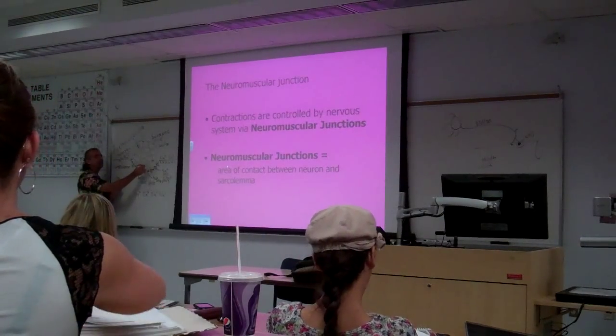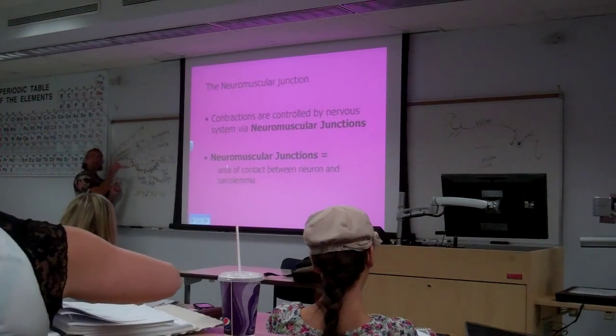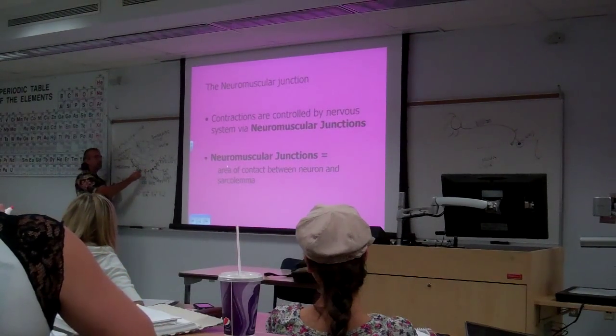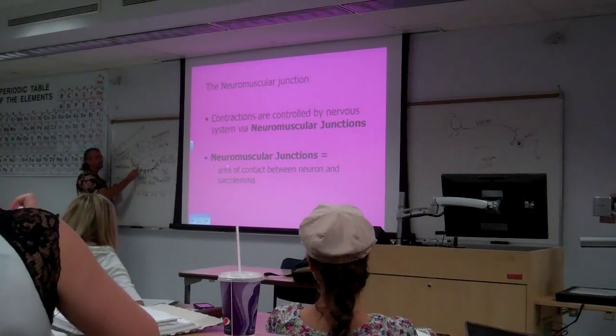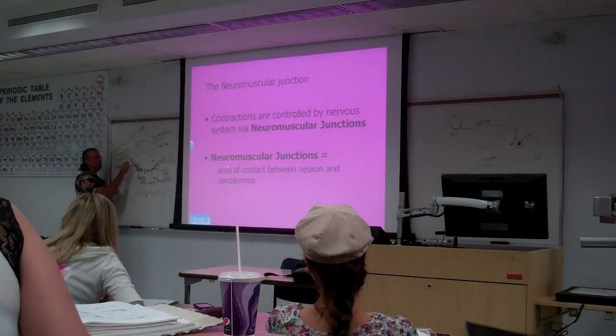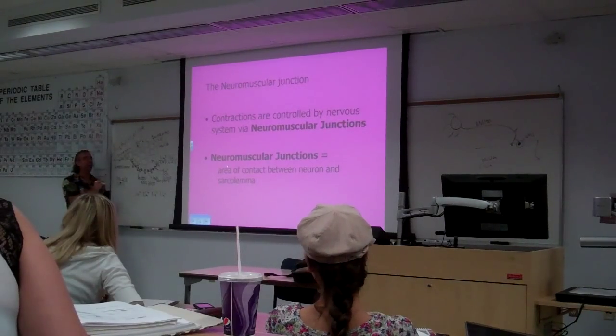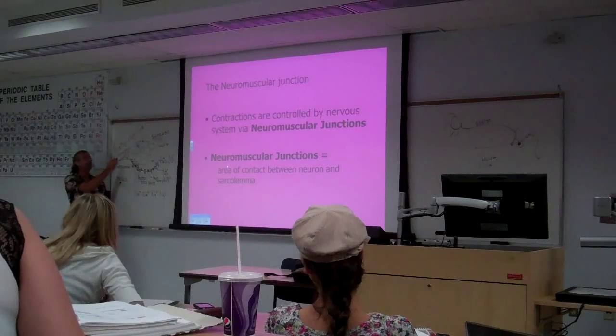That acetylcholine fills up the cleft, and some of the acetylcholine will bind to the receptors on the motor end plate. Sound pretty good? Maybe okay. So acetylcholine swims to the other side. And once that happens, I activate sodium ion channels. Sodium then flows from outside of the cell inward.